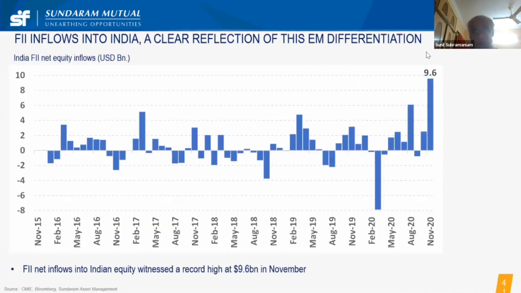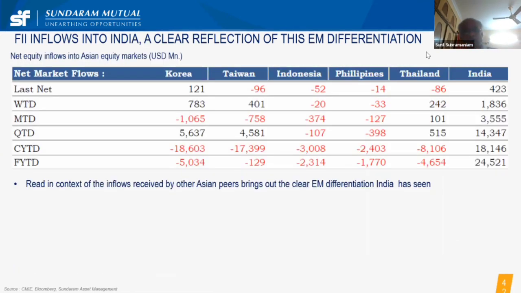The third thing here is that India, as you can see, except for the month of February, in the post-corona lockdown announcement period, there was a sharp outflow of money from India. But after that, as you can see, regularly, except for 1 month in the middle, money has been going up, right? So if you now look at this data, it shows you Korea, Taiwan, Indonesia, Philippines, Thailand, India, and look at the bottommost line.